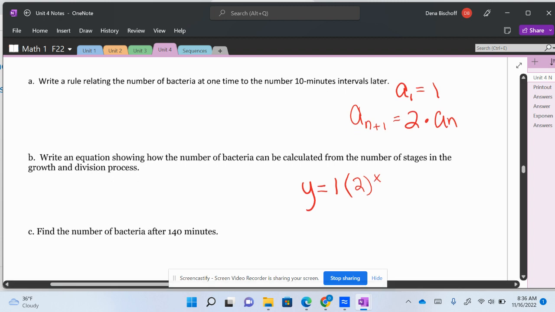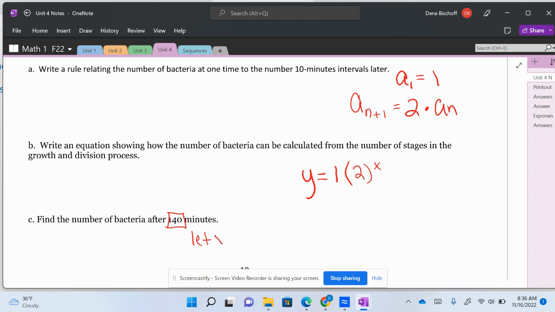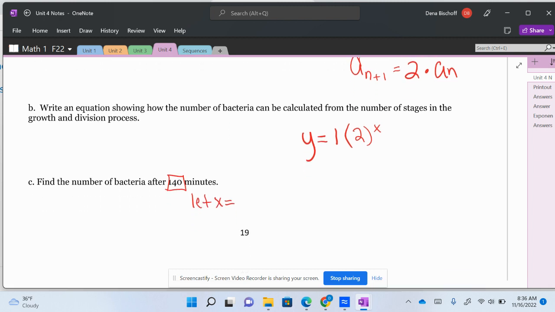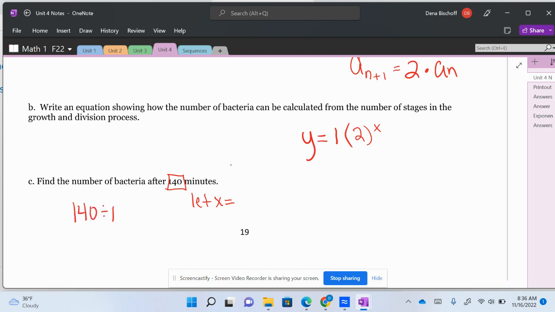Okay. The last question says, find the number of bacteria after 140 minutes. So this is really saying let x equal what? Remember, we're counting x in 10-minute intervals. So we have to take 140 and divide it by 10, which is 14. So this is really saying let x equal 14.